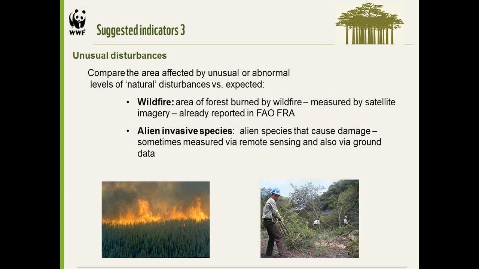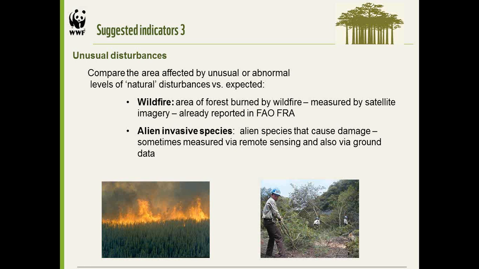Wildfire is an indicator that's also already reported to the Forest Resources Assessment of the FAO in terms of area burned. The second indicator that we thought was alien invasive species, and these are species that cause damage within a system. These can often, well sometimes anyway, be measured by remote sensing, sometimes in terms of area that has been damaged.